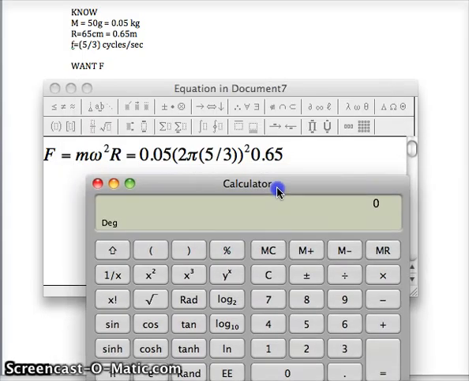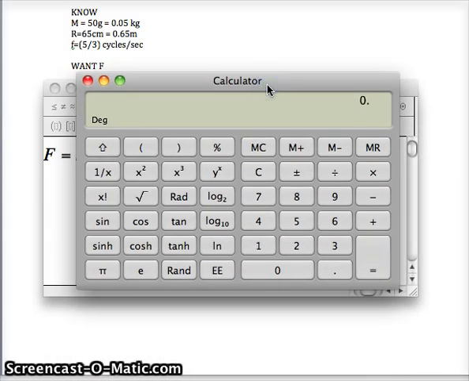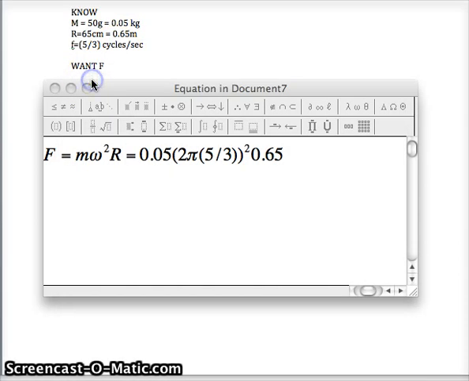So we have 0.05 times, and then open parentheses 2 times pi times 5 divided by 3, close parenthesis, squared. So that's omega squared now. And then we multiply that by 0.65. And we see that it's going to take a force of 3.56 newtons.